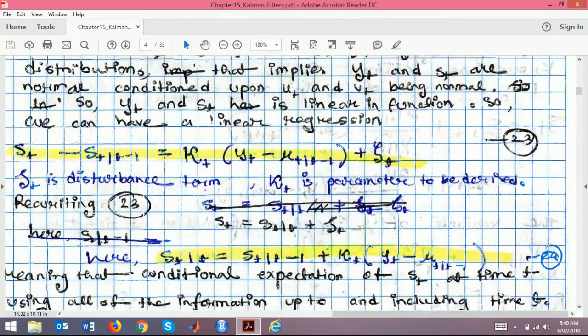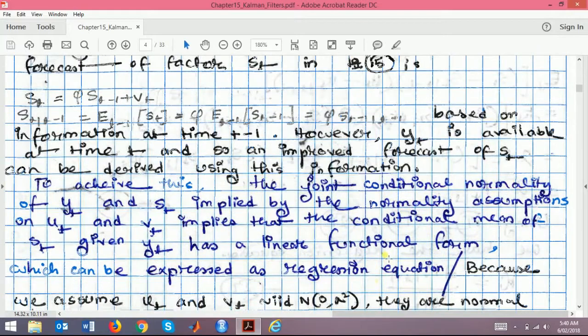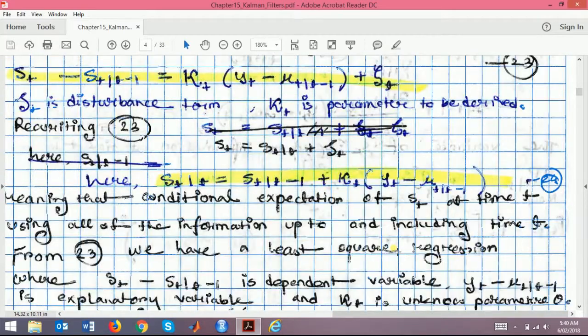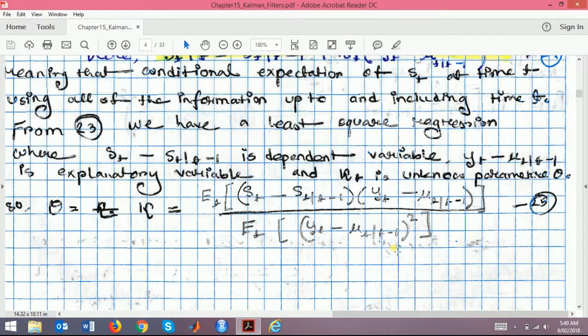So let's revise. What did we do? We are talking about three phases: initialization, then updating, prediction, and observation. First we have S0 and P0 that we use for updating, updated from the previous recursion. What do we find from there?